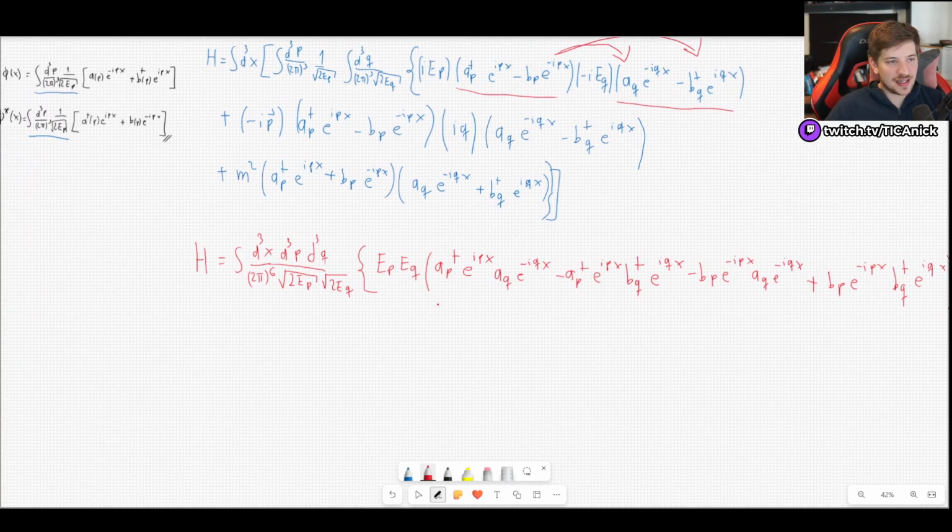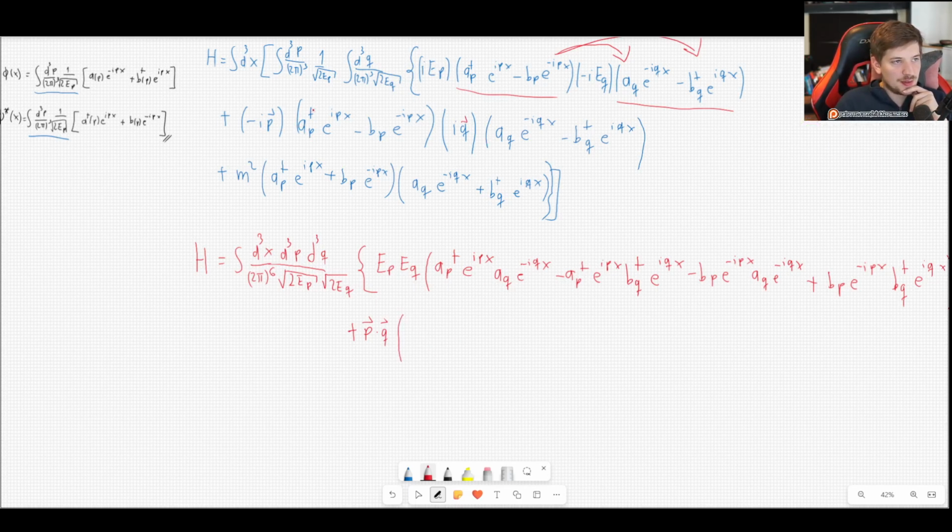Let's move on to the second line. So that would be plus. Here we have again minus i times i, that's going to be plus 1, so we can ignore it. And then p times q. They are both vectors, I guess I should add that line there. And now let's begin.